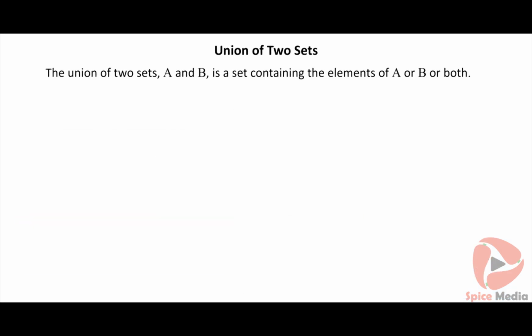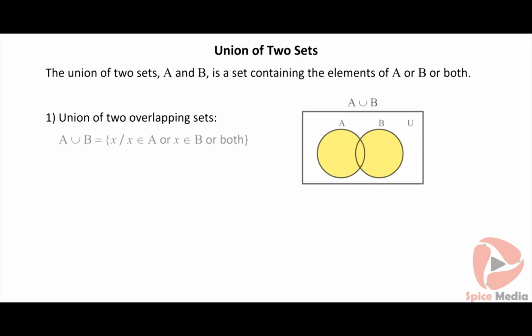Now look at the union of two sets. The union of two sets A and B is a set containing the elements of A or B or both. Union of two overlapping sets: A union B is a set of all x such that x is an element of A or x is an element of B or both.